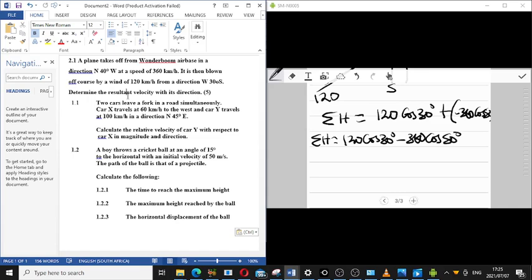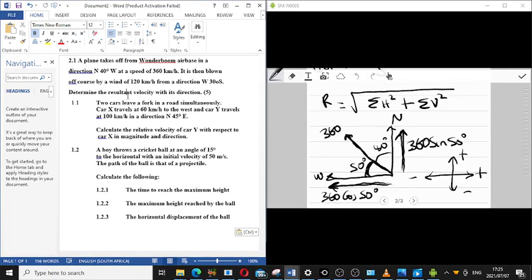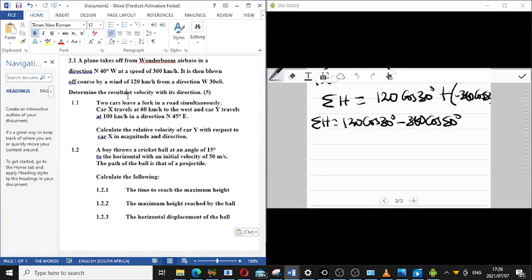As we said, we have to make sure that the angle you are taking is to the horizontal. So you have to look for the answer to this summation.